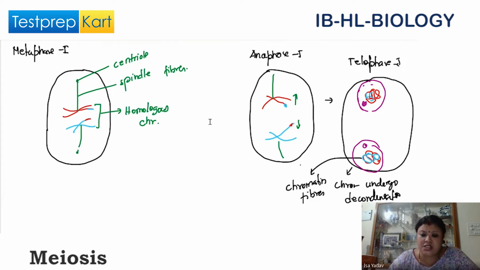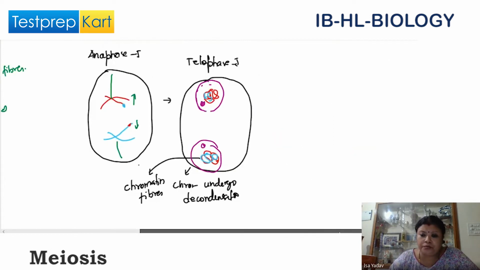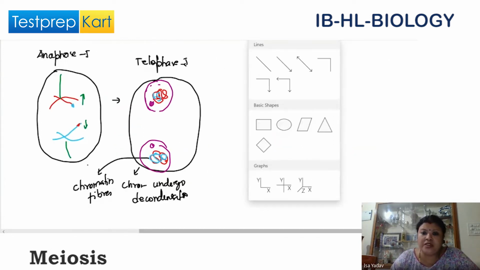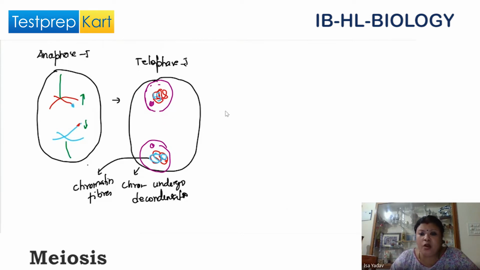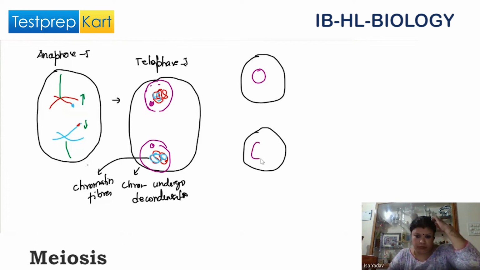As a result, what we will see is that now at the end of telophase 1, there are 2 cells. Okay, so the 2 cells with the chromosome number haploid.